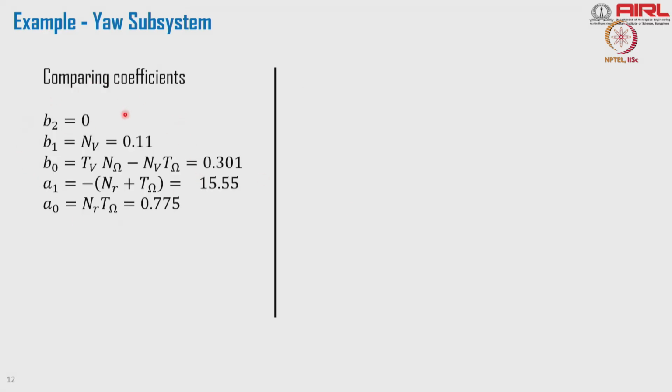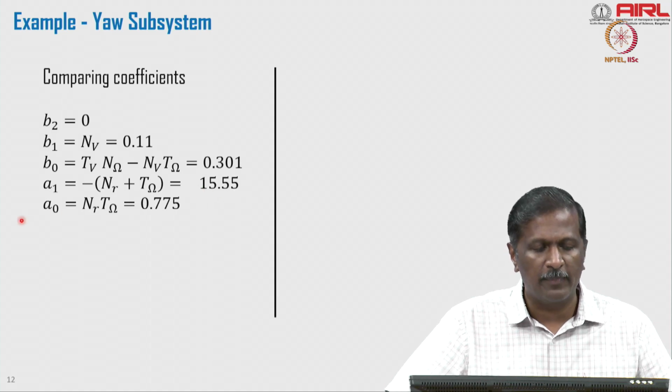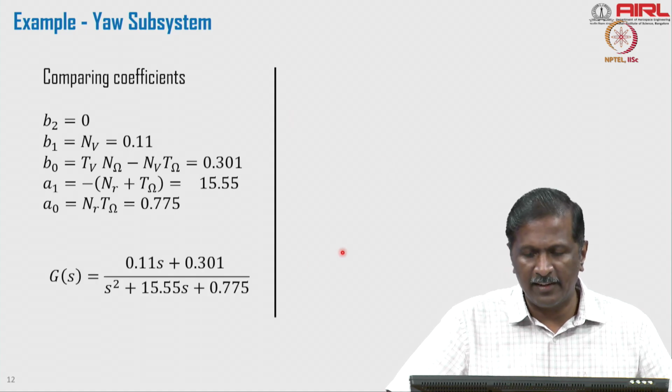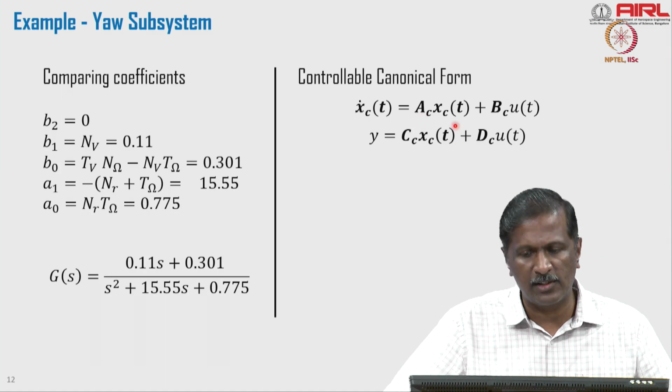I can get B2 is 0, B1 is NV, which is 0.11, B0 is TV N omega minus NV T omega, which is 0.301. Your A1 is minus NR plus T omega, which is 15.55. Your A0 is NR plus T omega, which is 0.7755. So I can write directly the controller canonical form for the yaw subsystem.